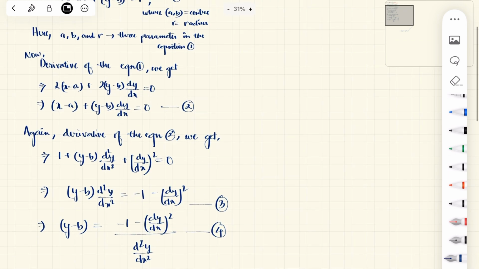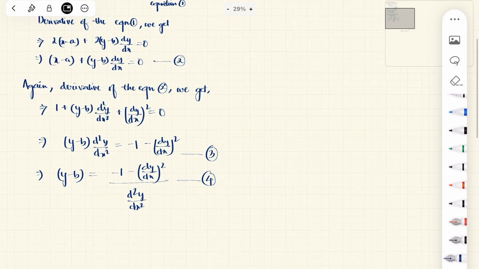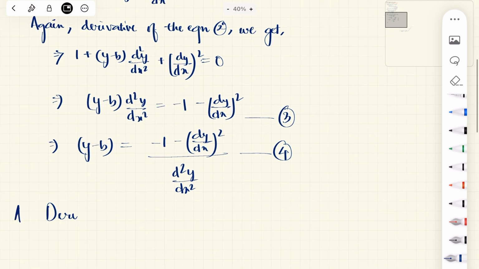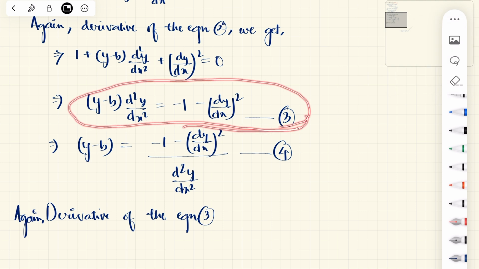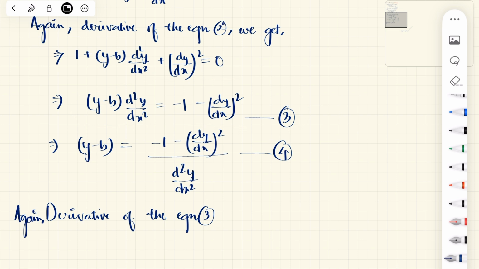Till now, how many derivatives have we gone through? 1 and 2. One is left, right? One is left. So again, the derivative of equation 3. We are going to differentiate equation number 3. So what do we get?